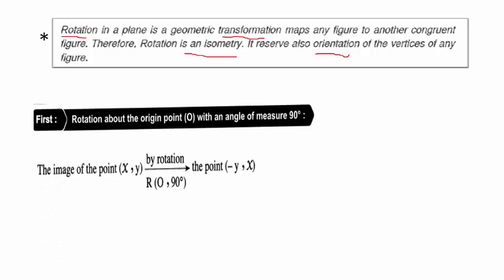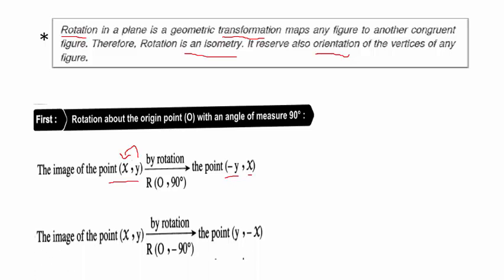When the rotation is about the origin point O with angle 90, the image of any point (x, y) will be (negative y, x). Negative y becomes here, and x takes the place of y.